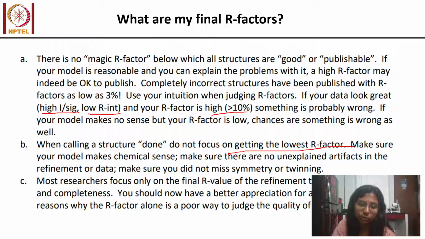Most researchers focus only on the final R value of the refinement to judge quality and completeness, which is not a very good thing. So this is the final verdict: R factor alone is a poor way to judge the quality of a structure.